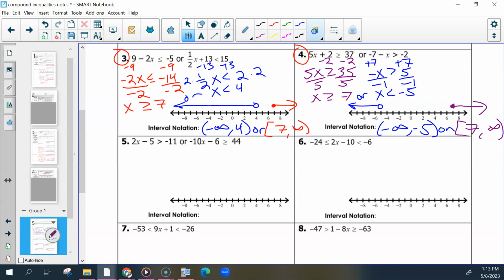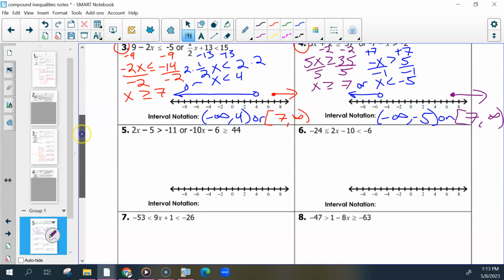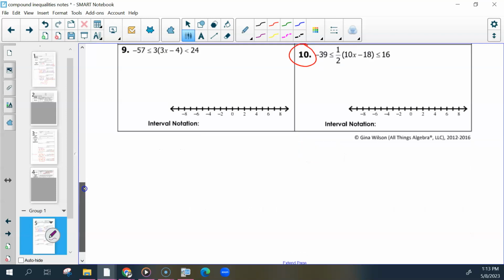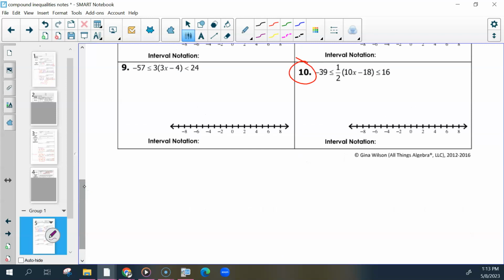And then once you're finished writing, look at 10 and tell me what type of inequality that is, AND or OR. AND. Because you don't see the word or, but also it's all condensed into one equation. So what do you want to do first?